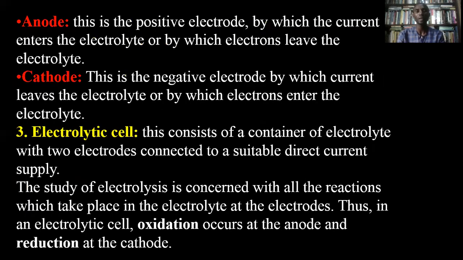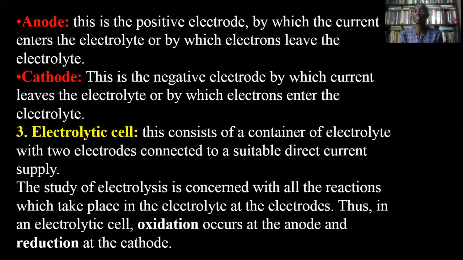Now, of those poles, there are two: one is the anode, one is the cathode. The anode is the positive electrode, and the cathode is the negative one, the way we have positive charge and negative charge.